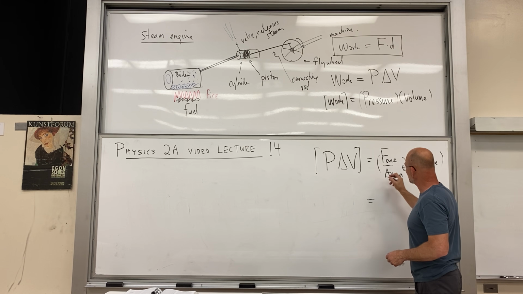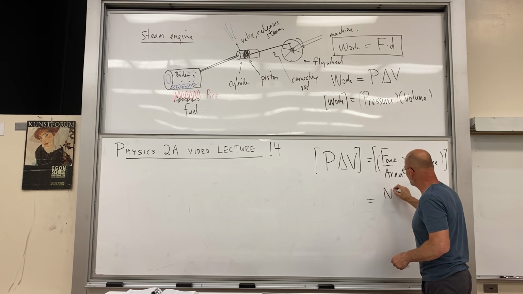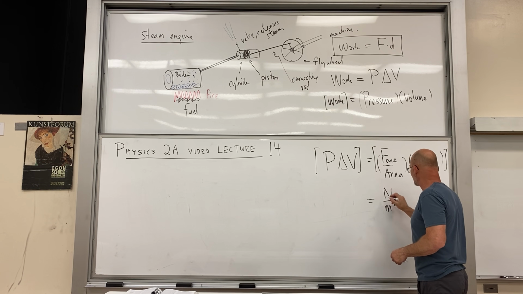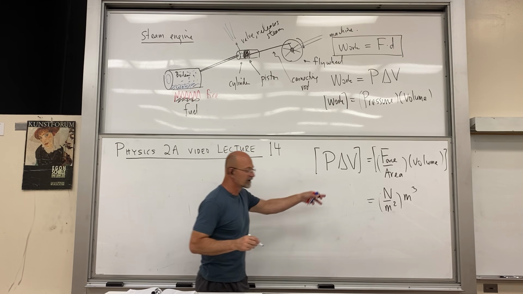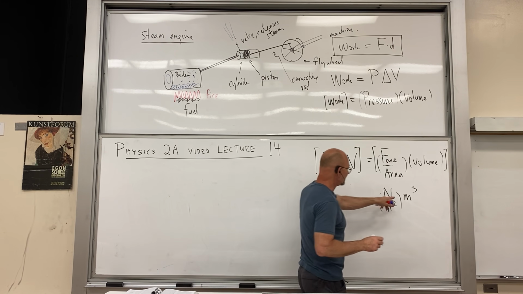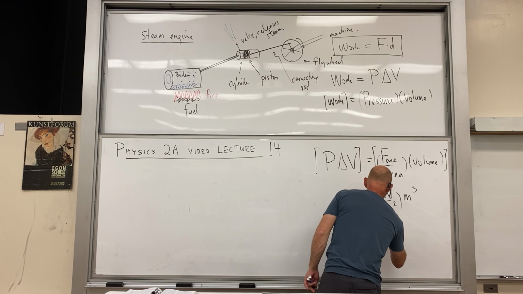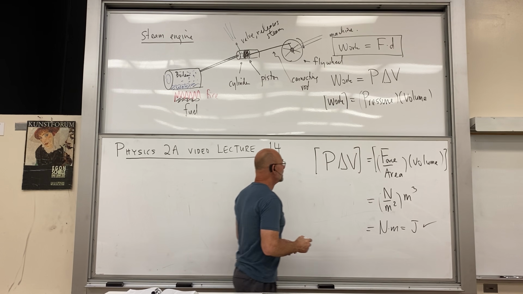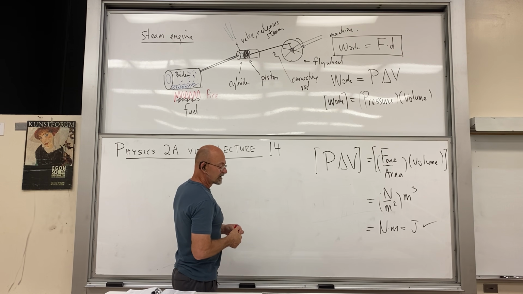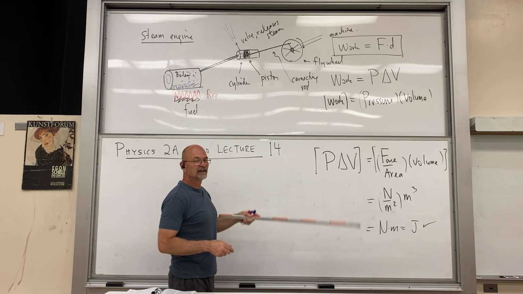And if we're going to do the units of this, we'll have newtons per meter squared times meters cubed. Newtons per meter squared times meters cubed, and cancel the meter squared here, we end up with newtons times meters equals joules.